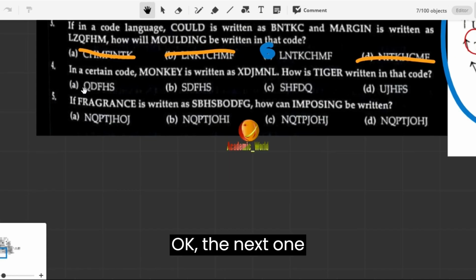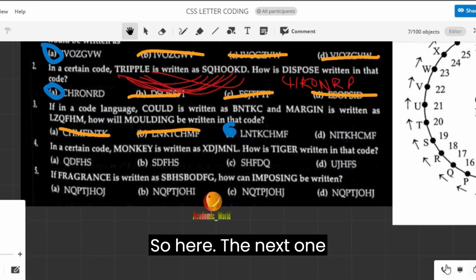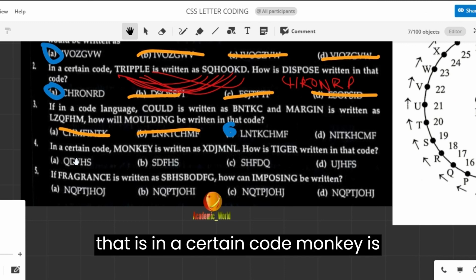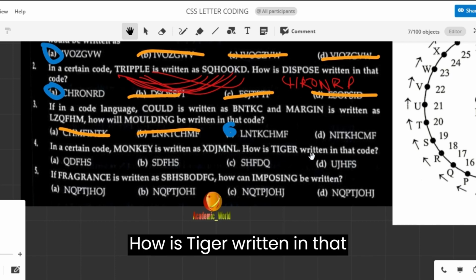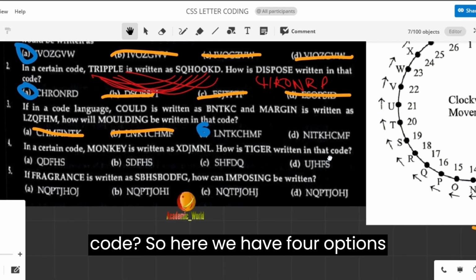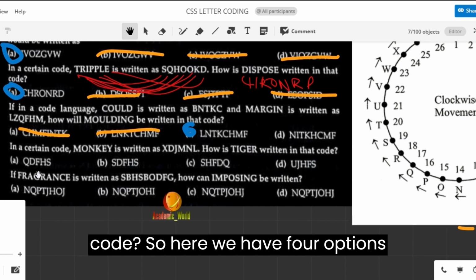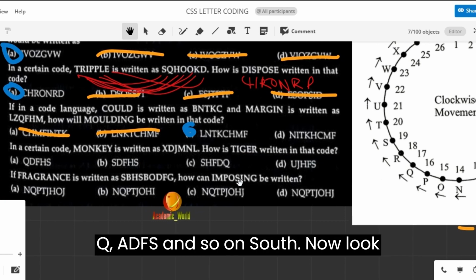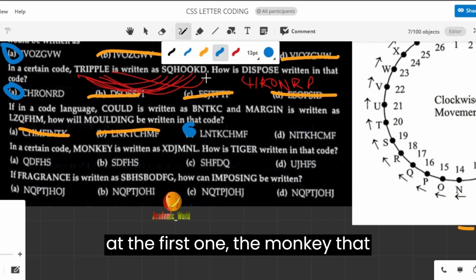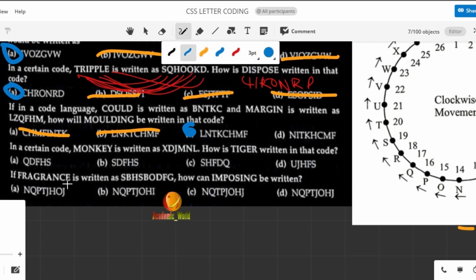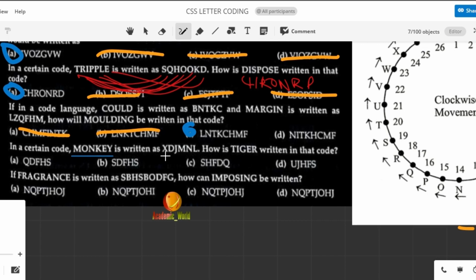Okay, the next one: in a certain code, monkey is written as JXDJMNL, how is tiger written in that code? Here we have four options. Now look at the first one, monkey is written as XDJMLN.